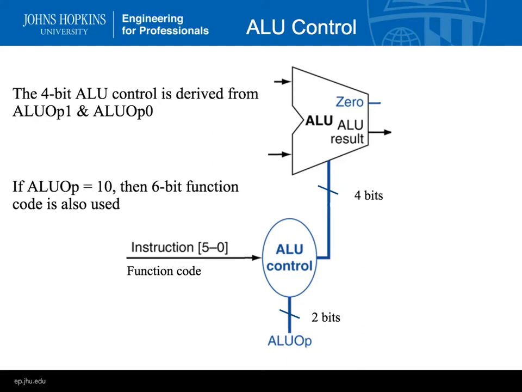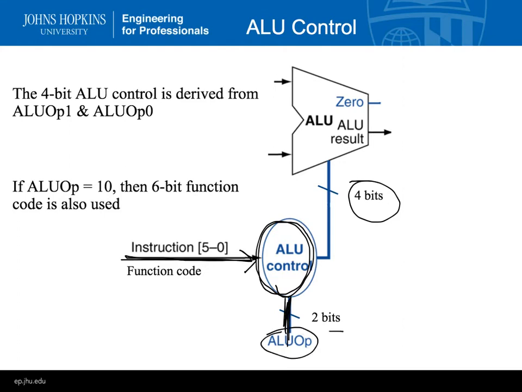So here's those 4 bits again. There's a little control unit. This is called the ALU control unit. And so first it's going to take in the function code. So those are those lower 6 bits. And it's going to take another control signal that we'll go over called ALU op. That's a 2-bit signal.